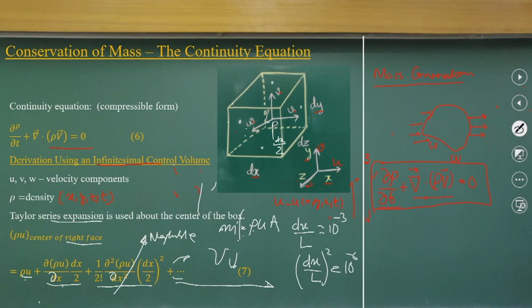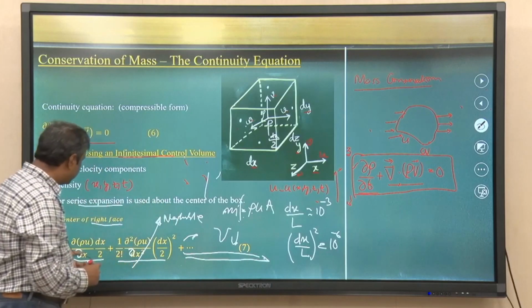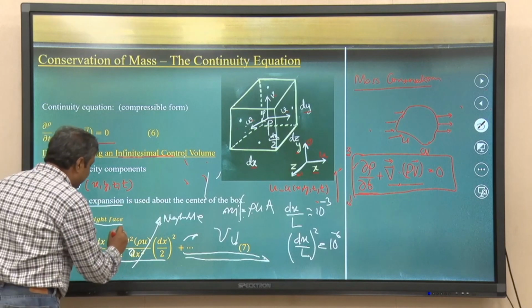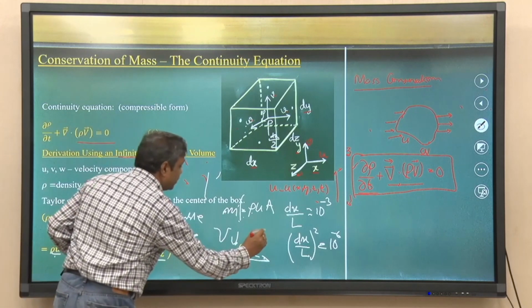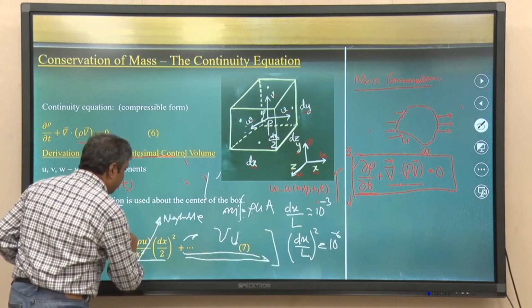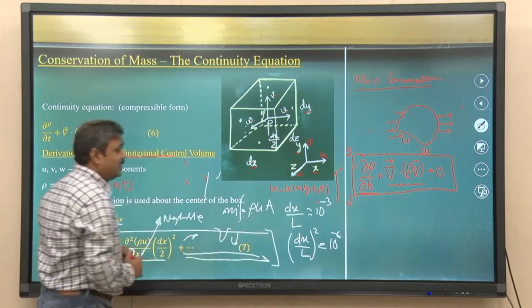Similarly, all the terms will be negligible compared to the first two terms. So, in the Taylor series expansion for these derivations we use only these two components and neglect all the others.